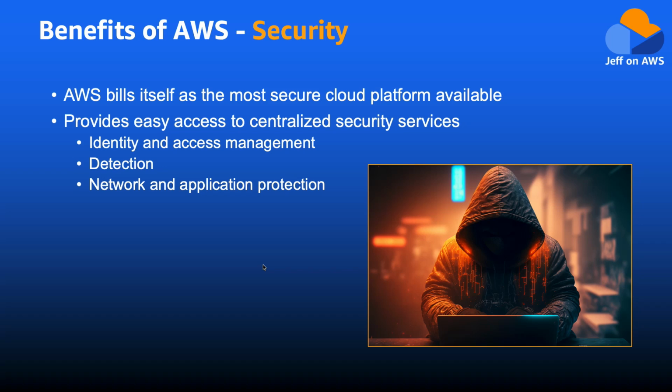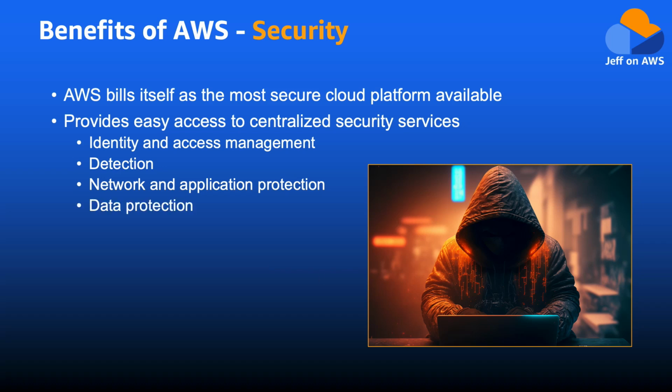And also they offer things such as network and web application firewalls. They have DNS security built in, and there are a lot of different network and application protections afforded by AWS, including DDoS protection.